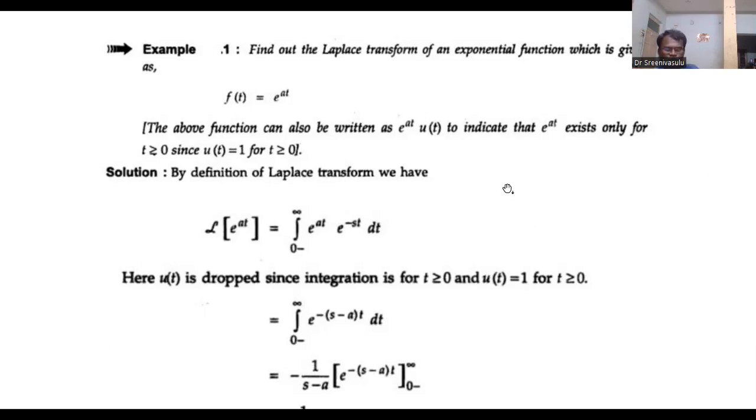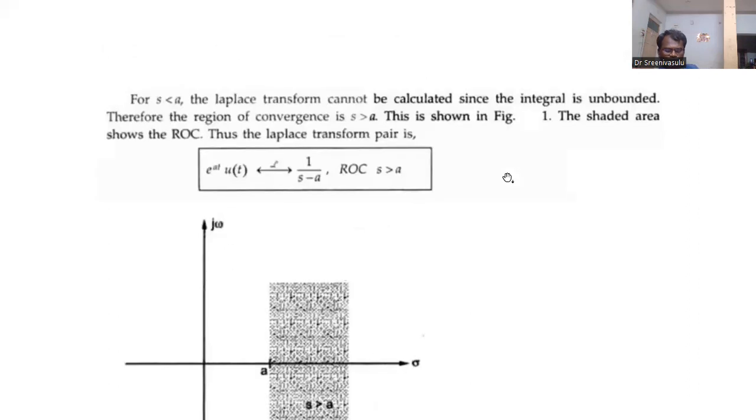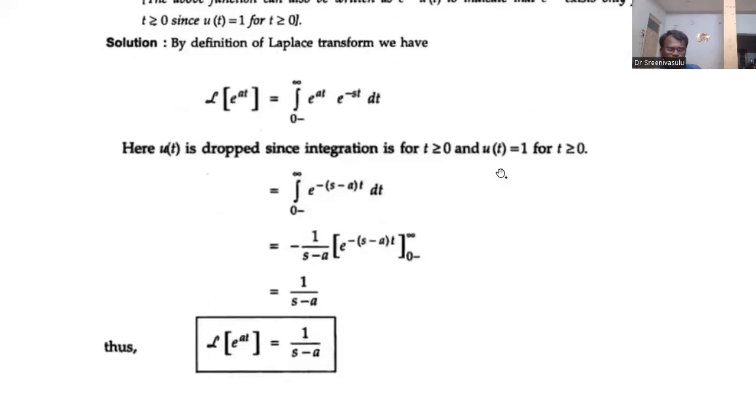Now if we apply integration, the integration of e power minus s minus a into t, with respect to t, is e power minus s minus a into t divided by minus of s minus a. It is simply the integration of e power minus at dt, which is e power minus at by minus a. That is a simple concept.